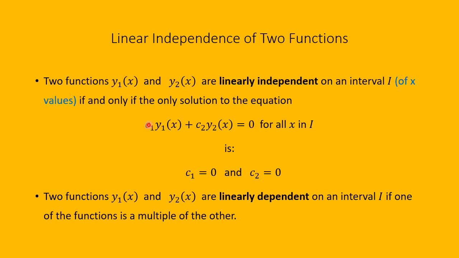And if we divided through by c1, we would get that 1y1 of x is going to equal, on this other side, c2 divided by c1 times y2 of x. In other words, just solve this equation for y1 of x. And you might say, oh, okay, that's nice. But then I might say, well, what if this c1 were 0? Then you couldn't divide through by c1 to find out what y1 of x is.